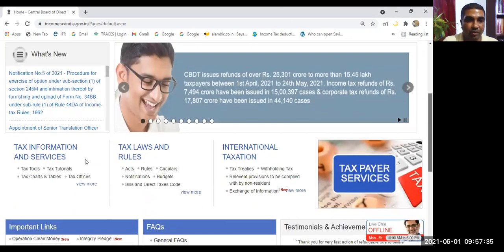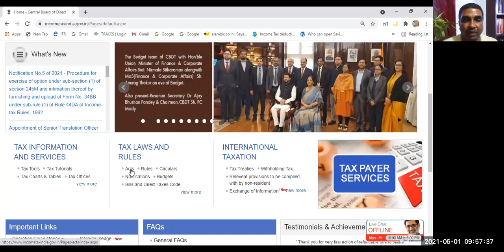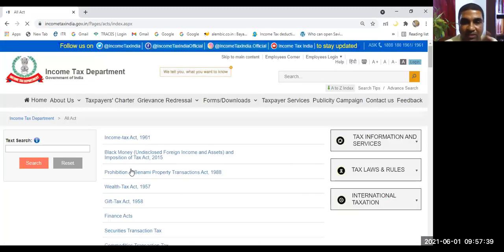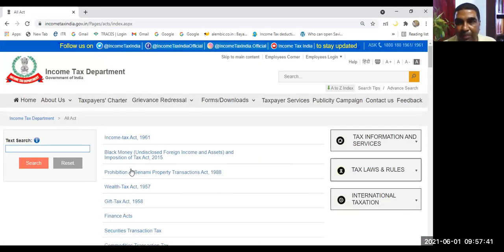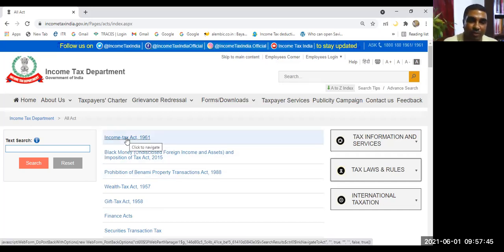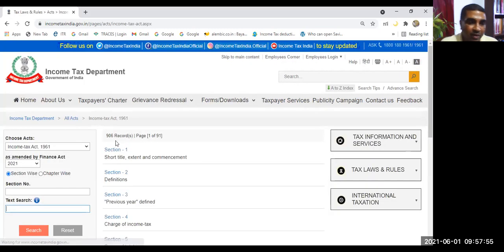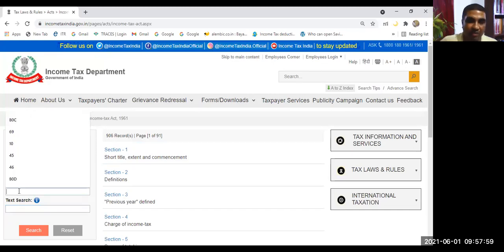Now I think all of you must be comfortable in finding out relevant sections in the income tax department website, and also you must be comfortable in using the tax calculator which I had shown you in your initial classes. So I'm taking you to Income Tax Act right now, and we will be visiting section 48.